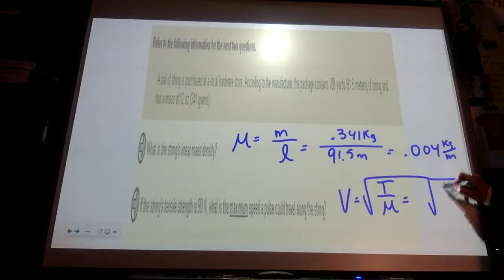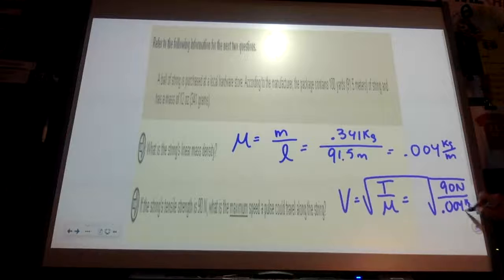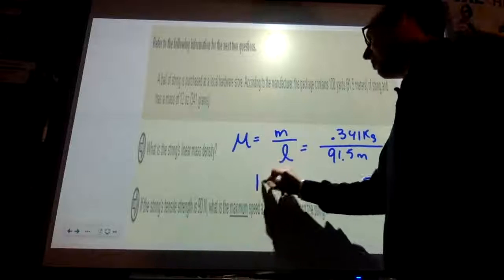And so that's going to give us 90 newtons divided by 0.004 kilograms per meter. And it looks like it would be 150 meters per second.